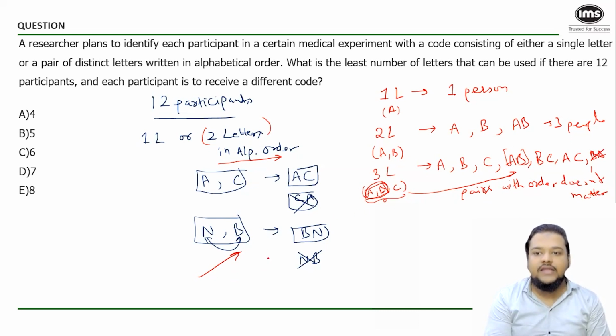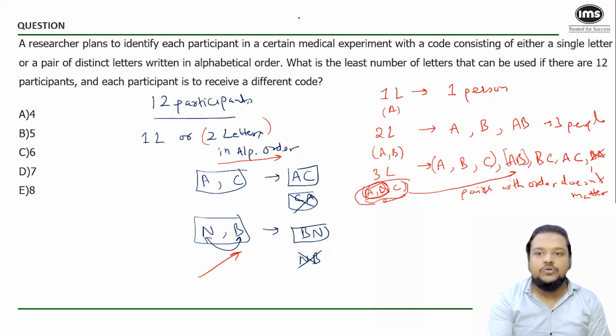Okay. And I think now you must be able to understand where I'm going with this. So after giving one letter to one person, what you do is you give two letters to one person. That means whatever number of letters are available, you try to make pairs out of them. Okay. And to select two things out of n things, number of ways are nothing but nC2.